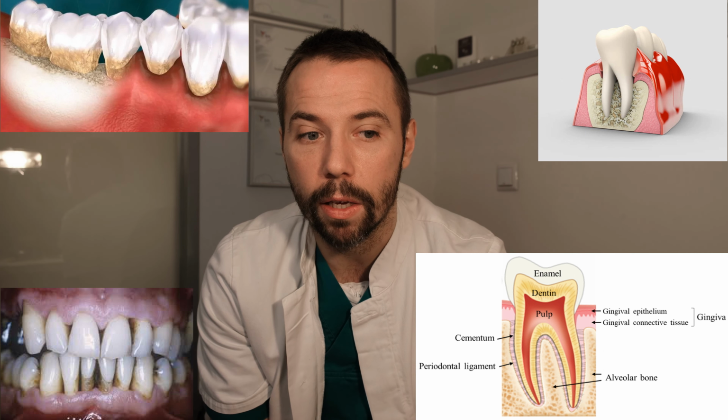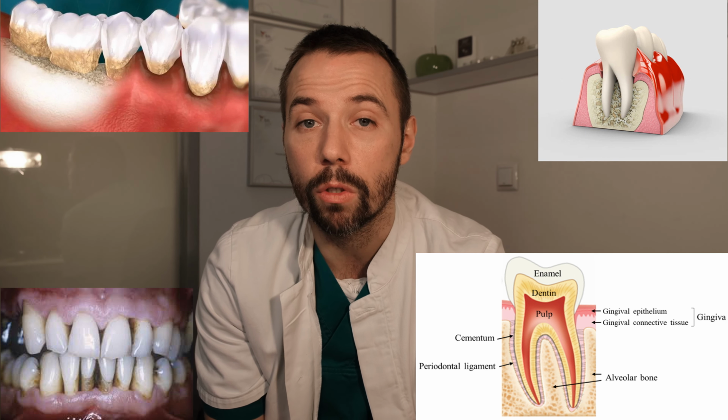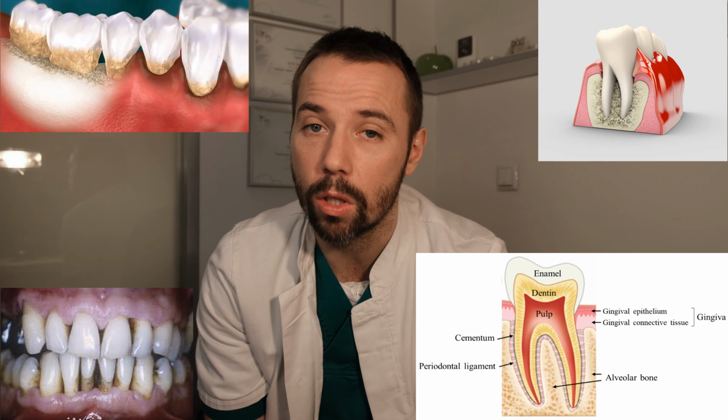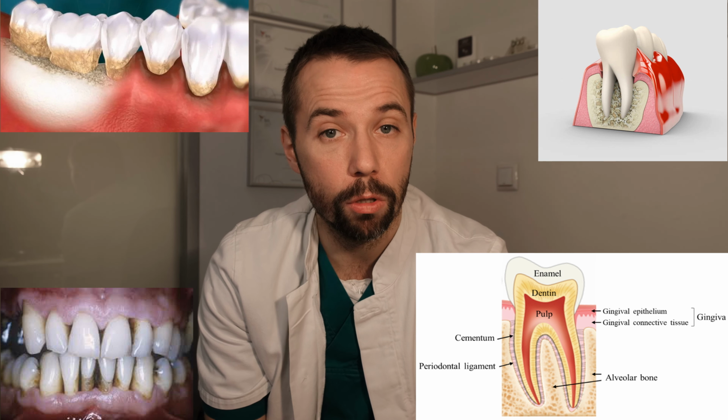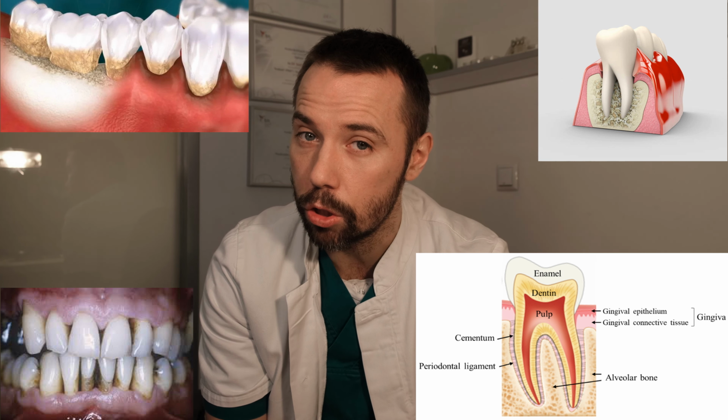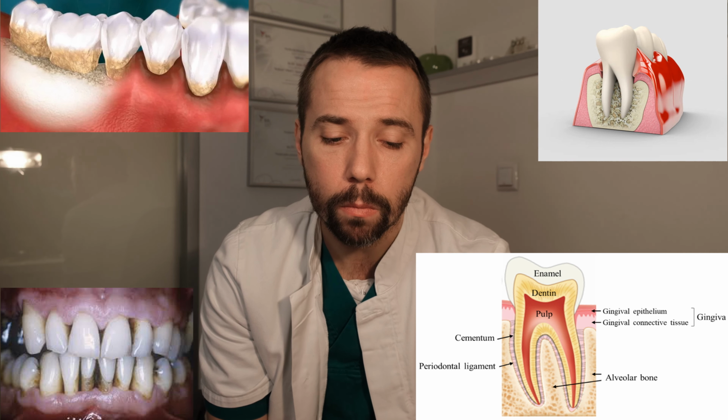When you have gingivitis, you have only inflammation of the soft tissue. When you have periodontitis, you have a combination of inflammation of the periodontal ligament, the bone structure and your gingiva. So it's really important to take care of these bleeding problems at the start, to get rid of potential major complications surrounding your teeth in the future.